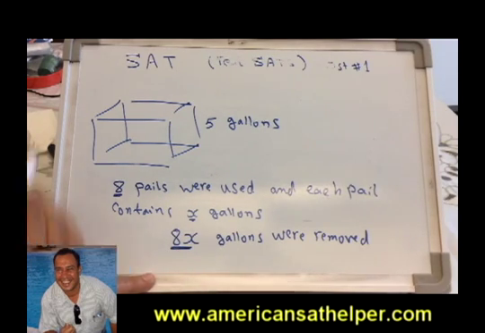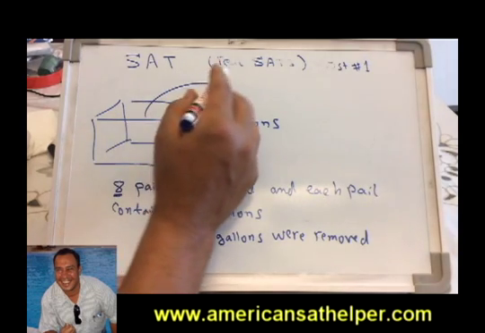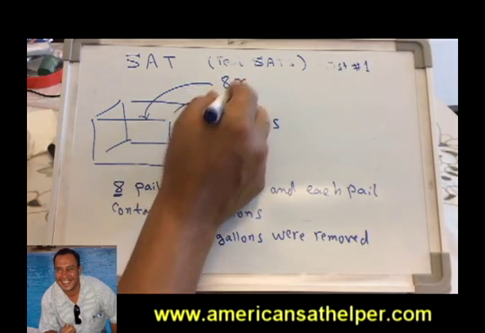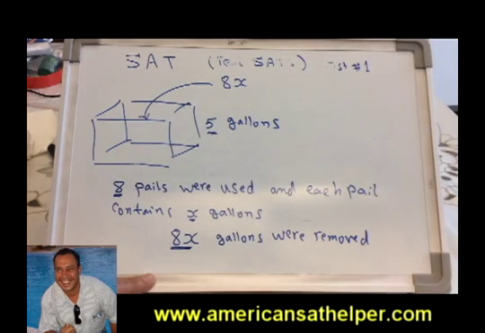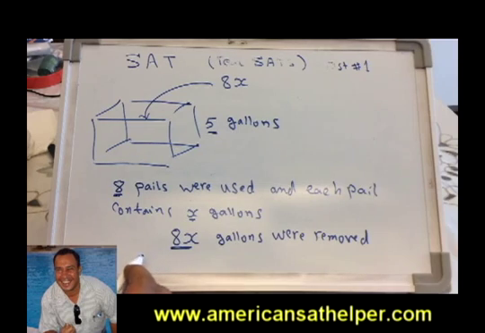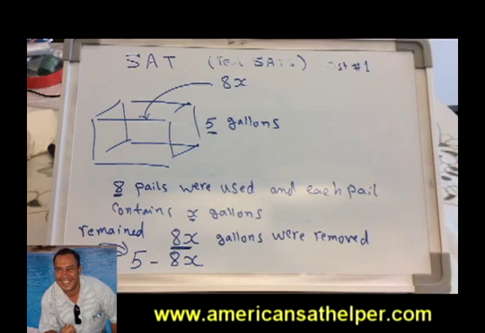Okay. If the amount removed is 8x, 8x is taken from 5 gallons. So the remaining will be 5 minus 8x. This is what remained in the tank.